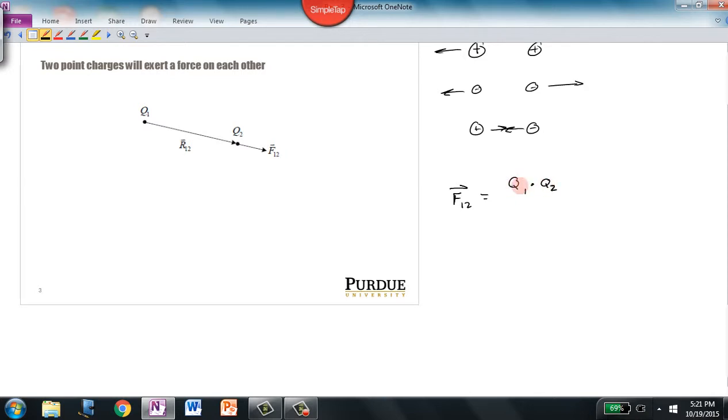So we multiply the magnitudes of the charge, and we divide that by the constant of proportionality, which is 1 over 4 pi epsilon.